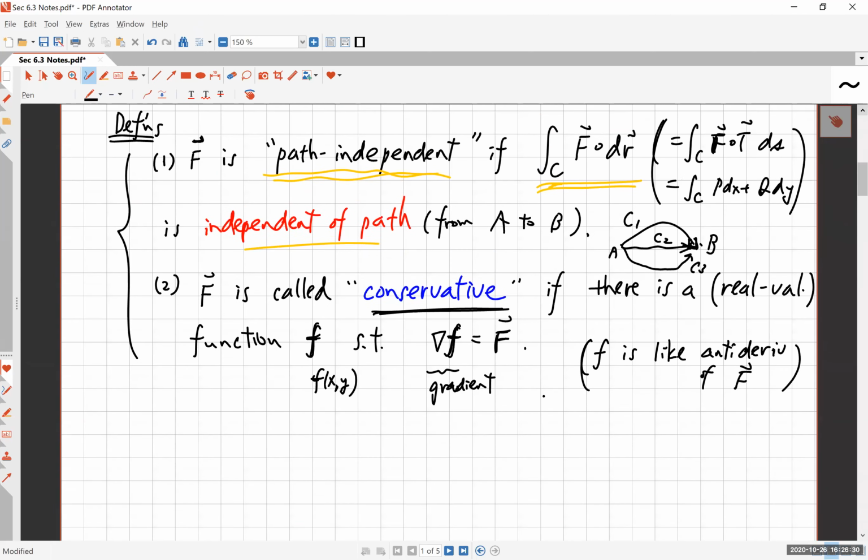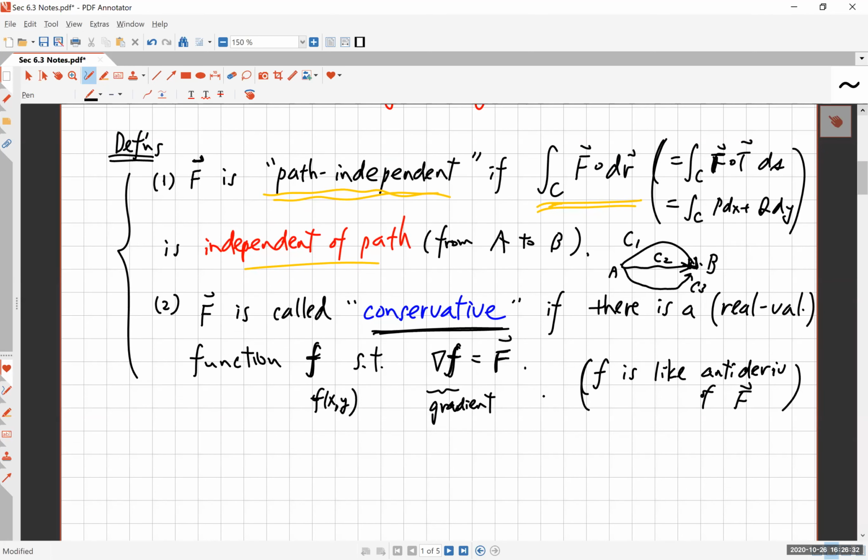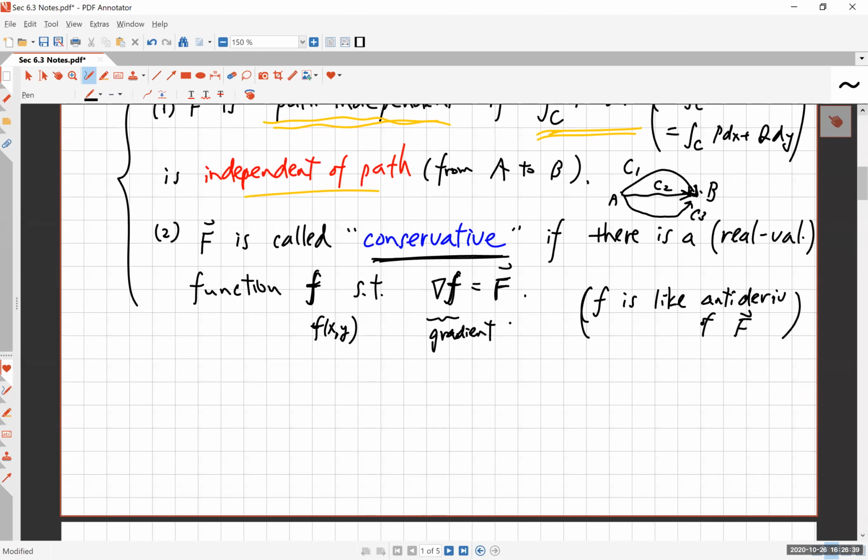Now, I am describing the vector fields that are path independent, and vector fields that are conservative. All right, let me give you an example of conservative vector fields, and then we'll go into what that fundamental theorem is saying.